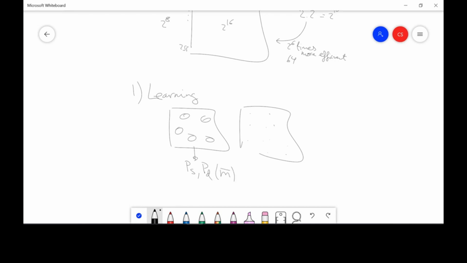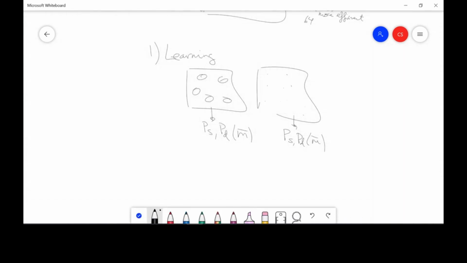For every lag that you consider, you will have different probability density functions of sums and differences. And the same for this one. So you have to learn this.